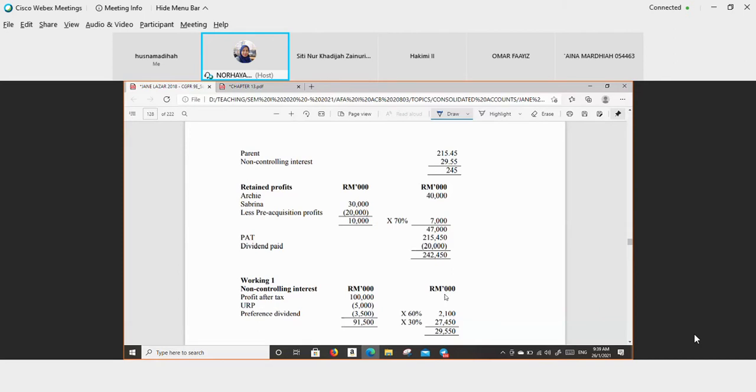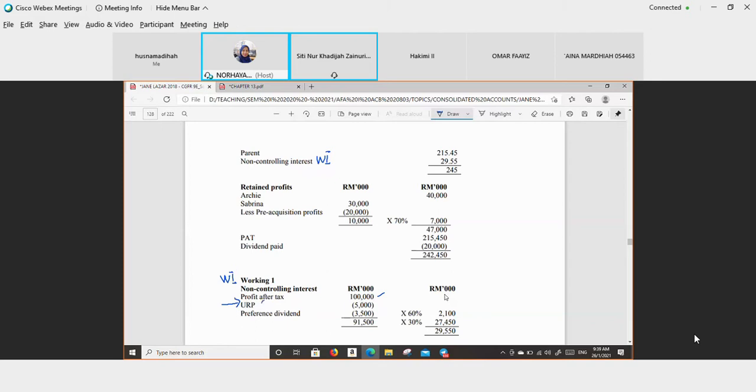Okay, look at this working number 1 ni. Okay, first kita ambil yang mana? Khadijah? Profit of Sabrina after tax. Yes, profit of Sabrina 100 million. Okay, and then we minus with unrealized profit. Yes, tengok sini unrealized profit dekat Sabrina. Why you minus from Sabrina? Upstream.